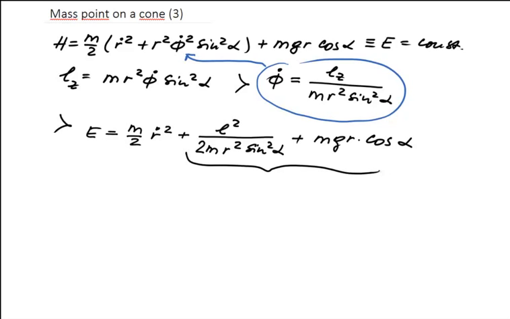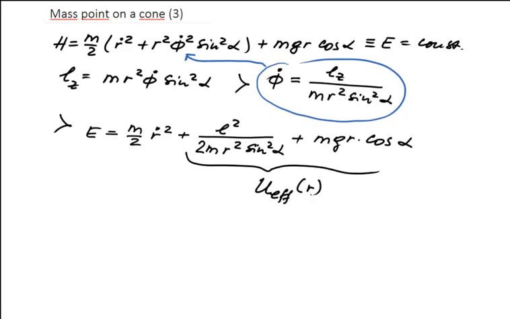Let me call this an effective potential which depends on r only. And what we've done here is that we've reduced the problem effectively to a one-dimensional problem.